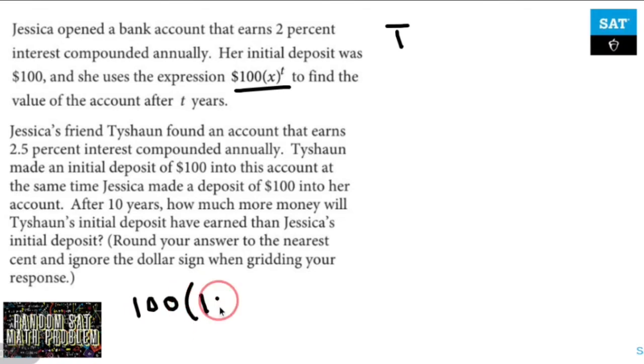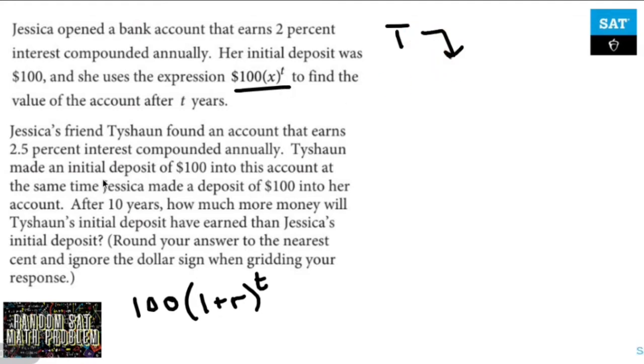You have 100%, you add the decimal rate, and you take it to the time power. Okay, this is compound interest done annually. If it wasn't annually, we would have divided by n and n attached here, but I don't see that. So if you're wondering what the x is, it's 1 or 100% plus whatever rate it gives you.